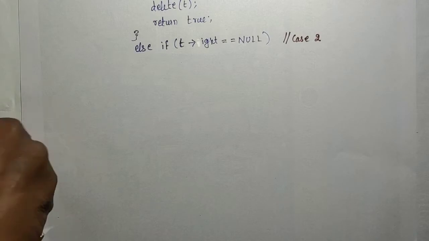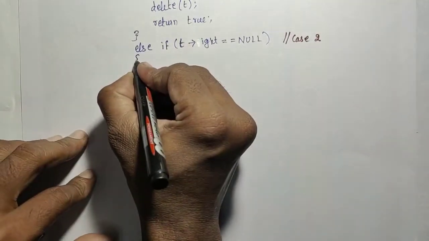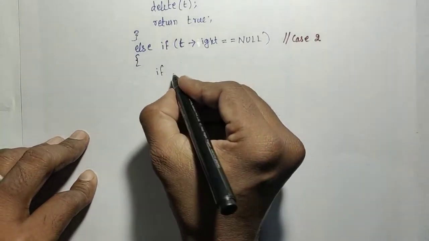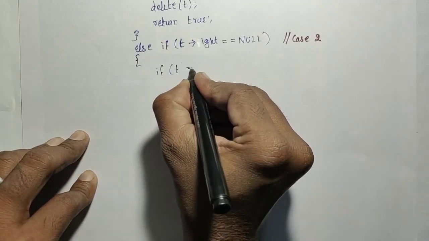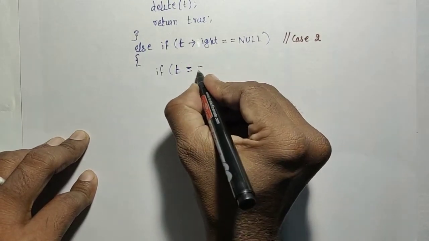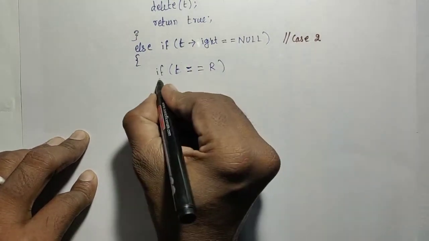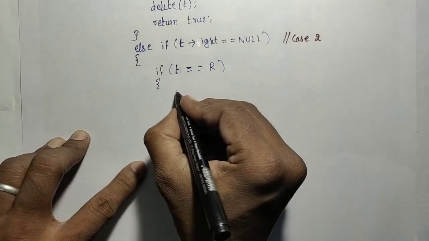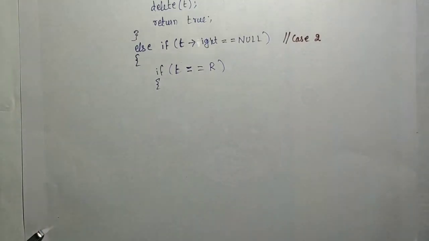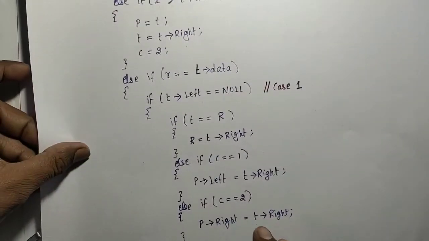So the subcases are what? If the t is a root, t equal to r. In case 1 we have linked the right side. In all the 3 cases t of right is copied to the parent or the root.